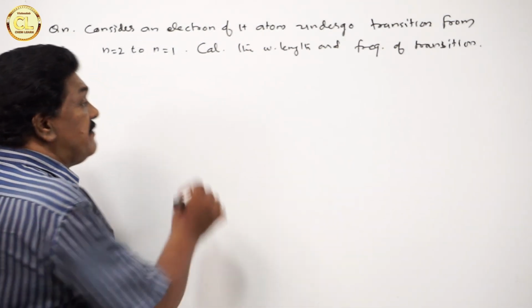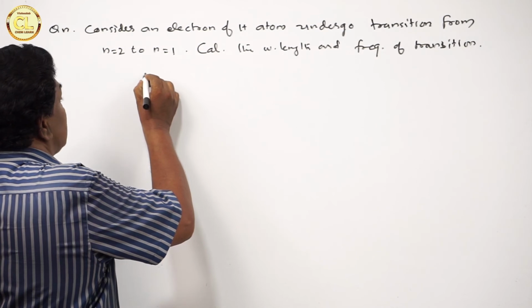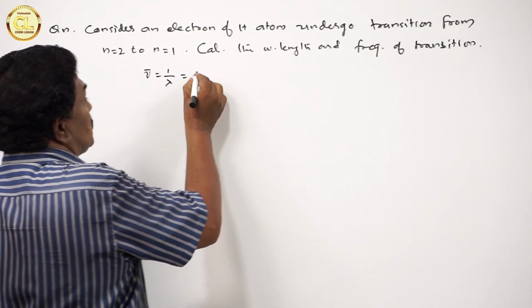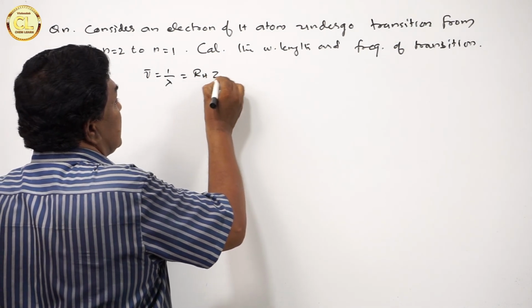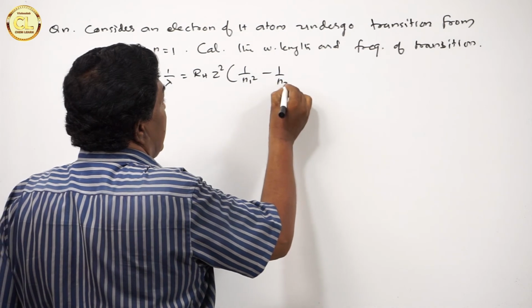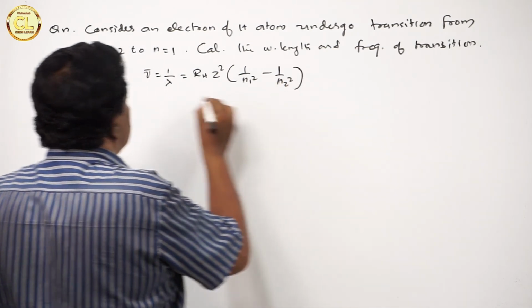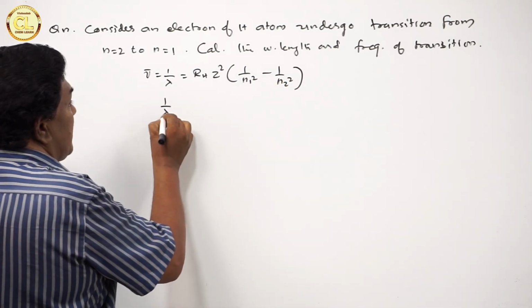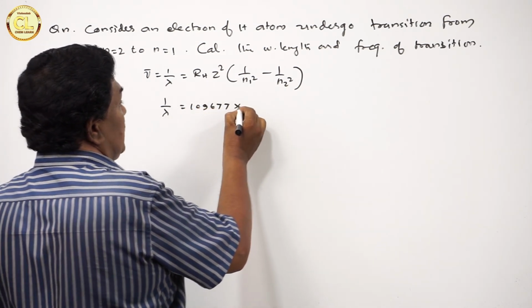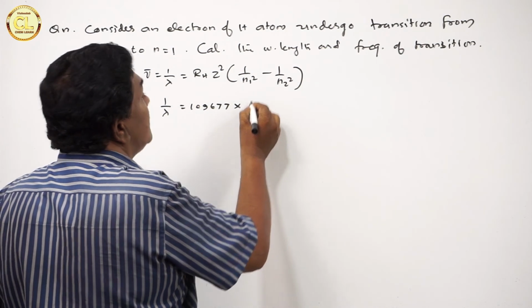We can apply Rydberg formula here. That is, nu bar is equal to 1 by lambda is equal to RH into Z square into 1 by N1 square minus 1 by N2 square. Substituting with values, 1 by lambda is equal to 109677 into Z is 1 for hydrogen.